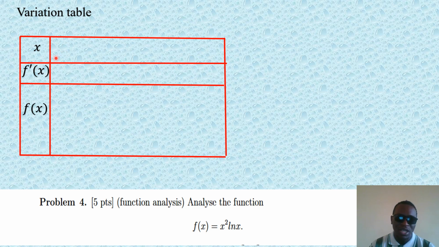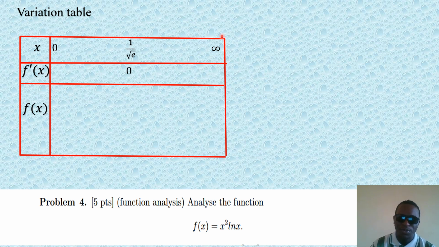Our x was strictly greater than 0, so my lower bound is 0. We write 0 there. And then there was a turning point at 1 divided by square root of e, and also there was positive infinity at the other bound. Make sure you put all the turning points there, because we want to know how the graph is changing shape, how it's varying in different intervals, whether it's increasing or decreasing. That's the main purpose of a variation table.